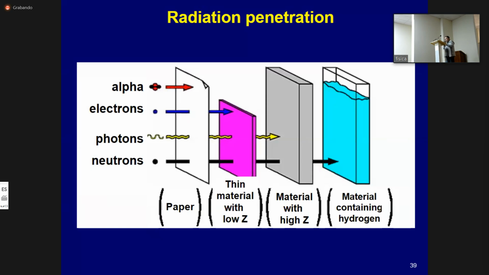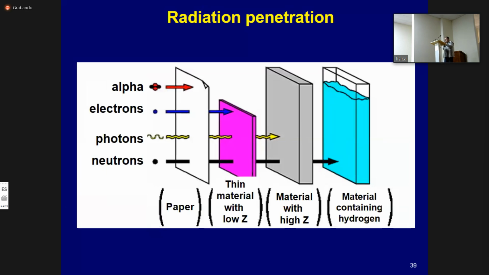Photons are one of the most penetrating types of radiation. They lose energy in interaction with the electrons of matter. The more electrons per unit volume of a substance, the more likely such an energy transfer is.